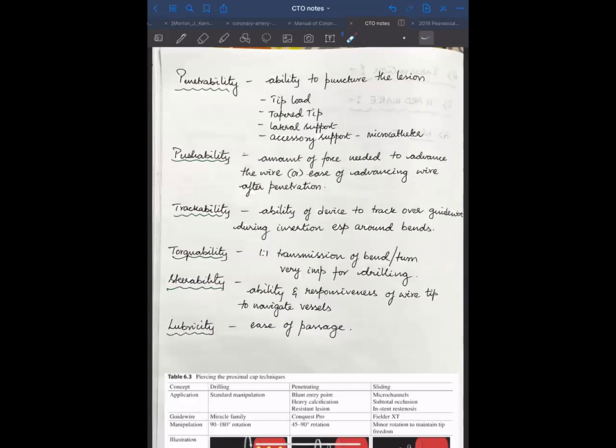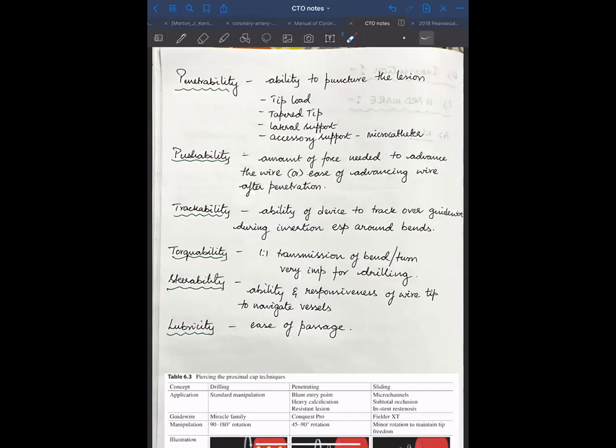So a few terms, these are all used interchangeably in our cath lab, but what we need to know is the exact definition. Penetrability is the ability to puncture the lesion. As I told, a tapered tip will give more penetrating power. Tip load also matters, and the wire should not buckle, so lateral support is important.